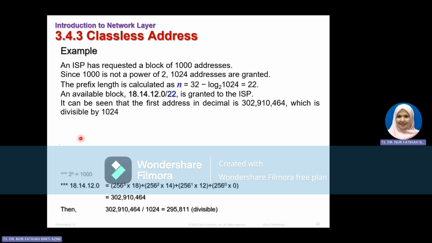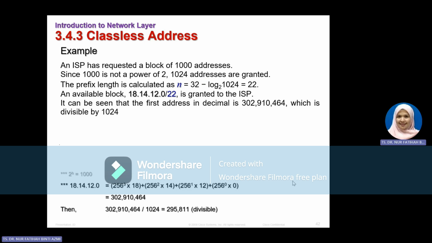We know that in IPv4 the address is 32 bits, so the number of host bits is 32 minus n, where n is the prefix length.